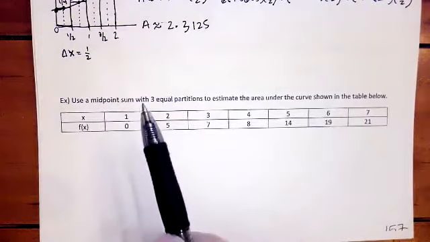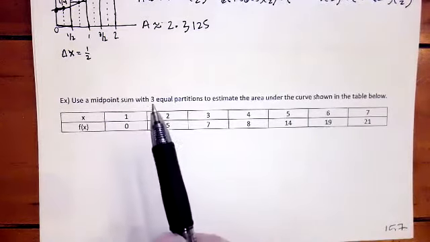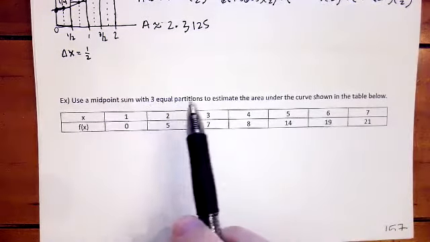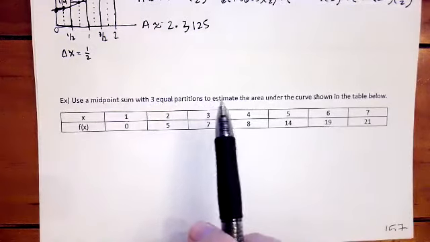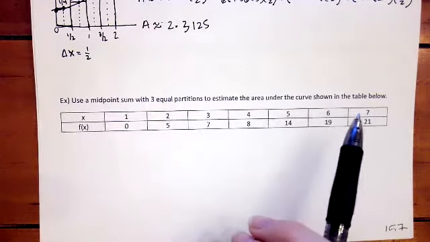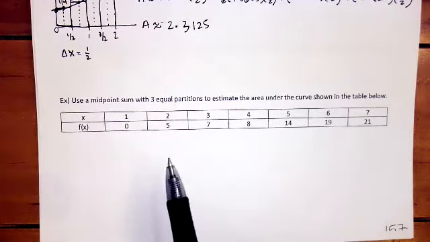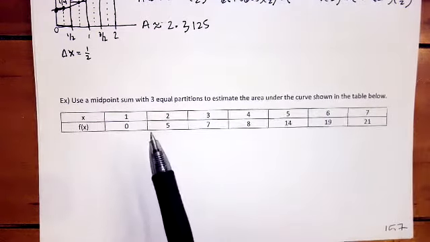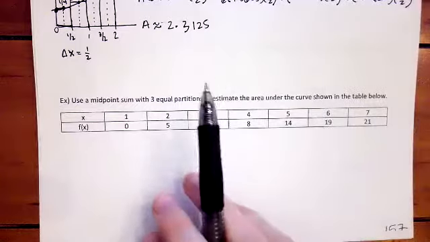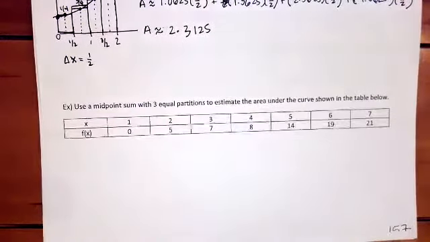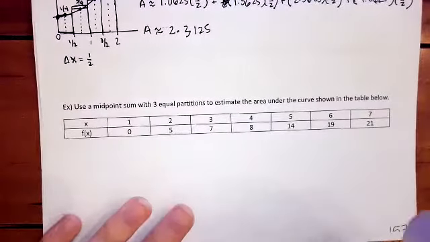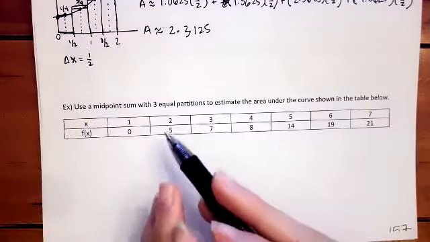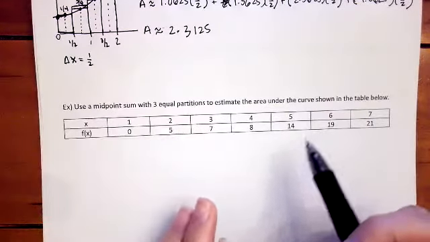This next one, we're wanting to use a midpoint. We need 3 equal partitions to find the area under the curve. Okay. This one, we do have equal step sizes again. This table is a little bit nicer than the last one. Okay, our problem is that we want to create 3 equal partitions, and we're going to need midpoints that are given in the table.